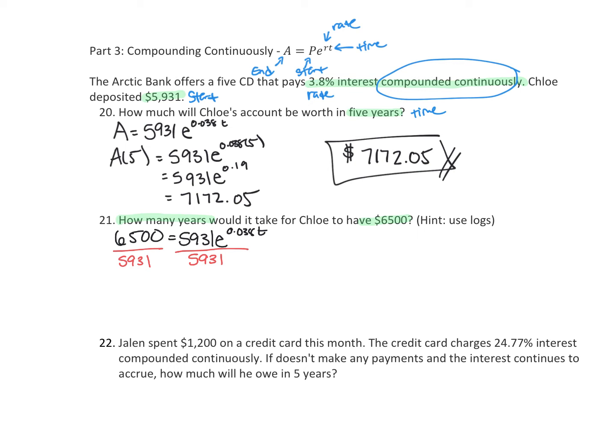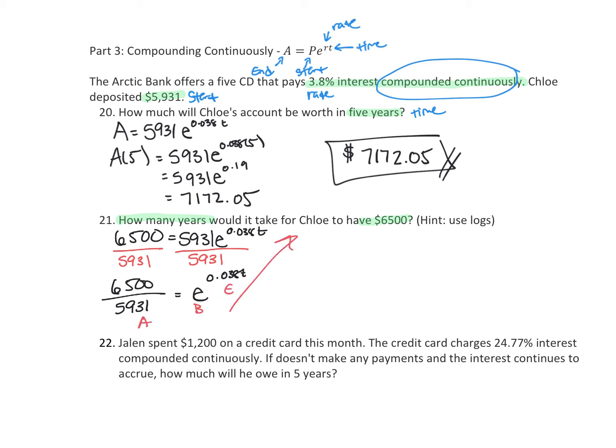You can put this into decimal form, just write it out to the 4th decimal place and make sure you keep the super long decimal in your calculator. This will give us 6,500 divided by 5,931 is equal to E to the power of 0.038t. So we have a base, an exponent, and an answer.